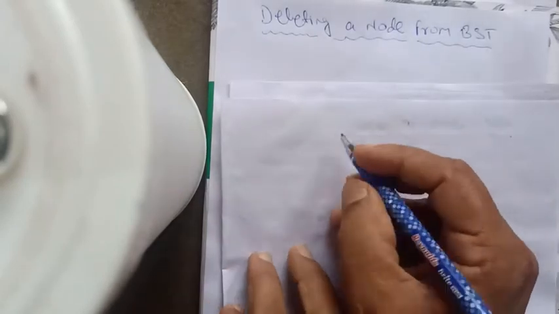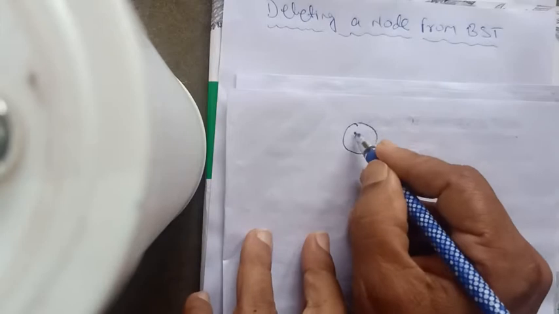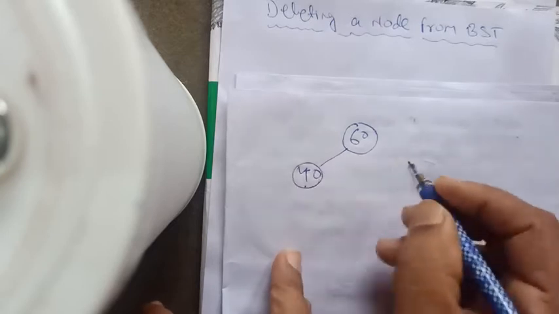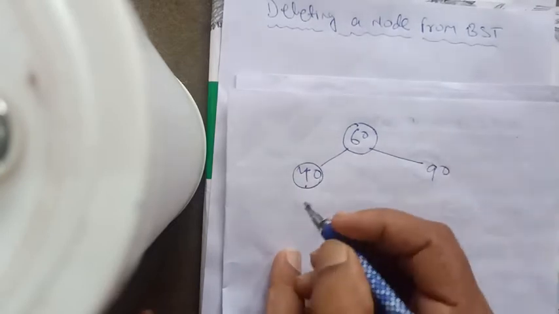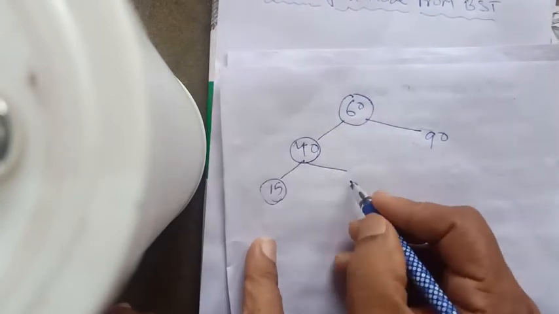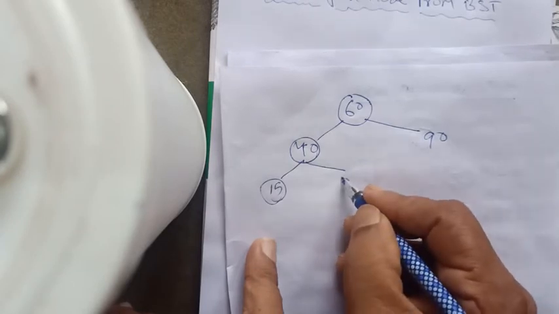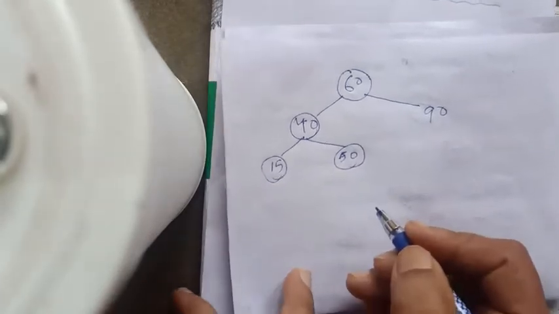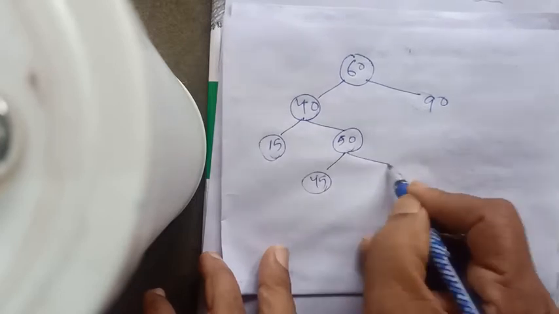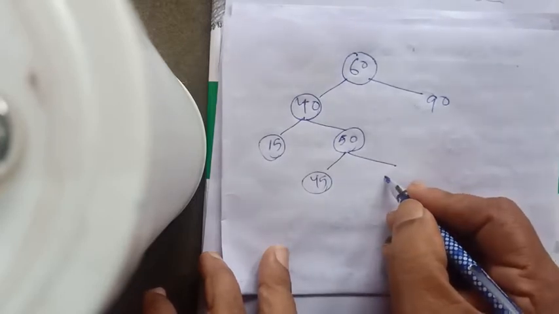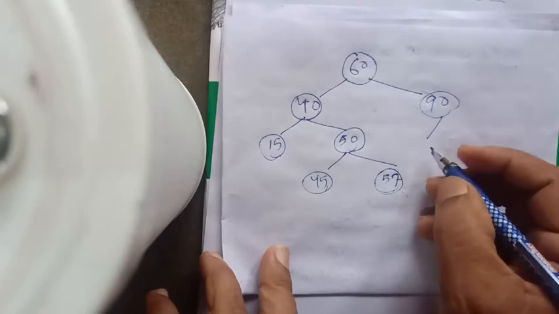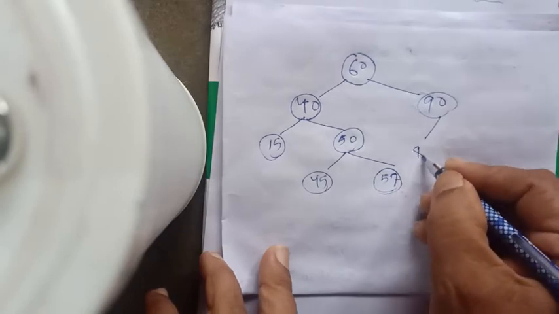Suppose we have a binary search tree. 60, and these are the data, let's say 40, and here we have 90, then 15, then let's say 50, then we might have another node, 45, let's say 57, and the left of 90 is, let's say, 80.